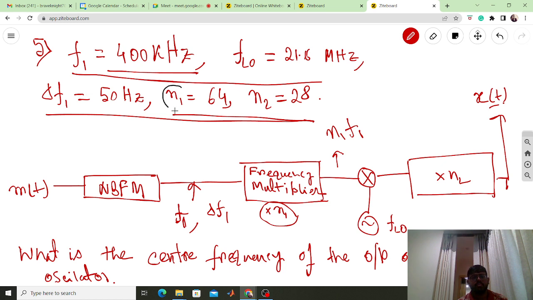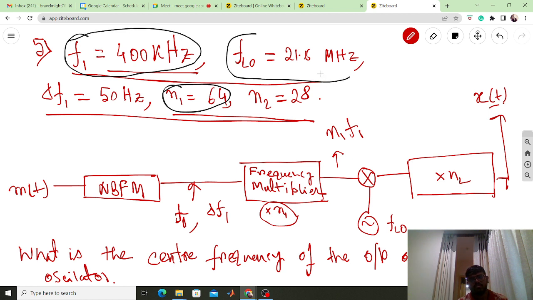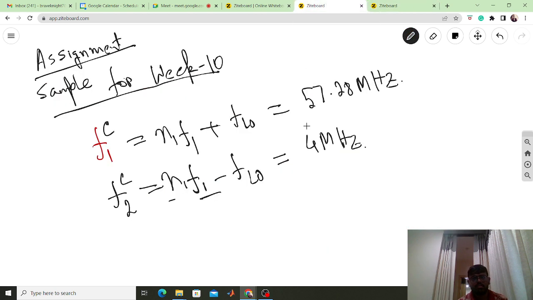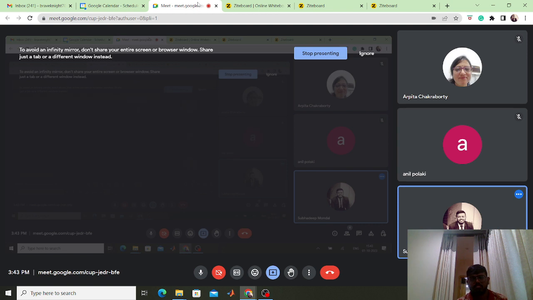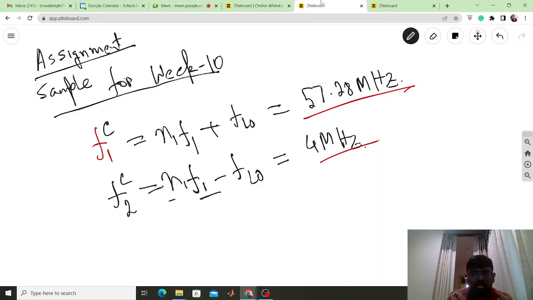This is the n1 value, f1 value is this, and FLO value is this. If you substitute that, I think this is going to come like this. Is it clear?